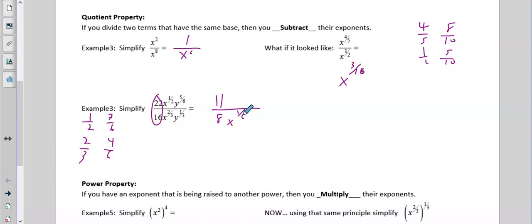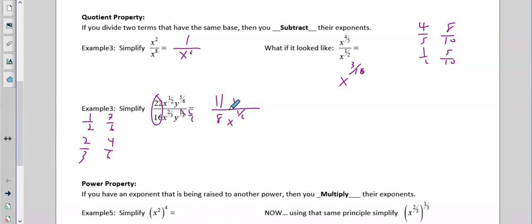Now again, if I did it the other way, I would have done 3 minus 4 and had -1/6 on the top, and I'd have to remember to move it to the bottom. It doesn't matter. And this one's quite easy because 3 goes into 6. So this is just 2/6. I can just change that right there. And then ask myself, where do I have more? Well, I have 5/6 on the top, 2/6 on the bottom. Where do I have more?